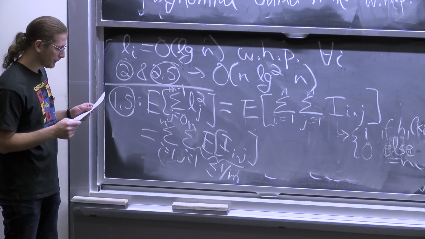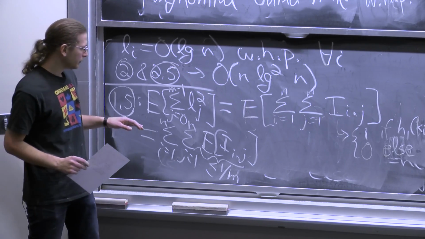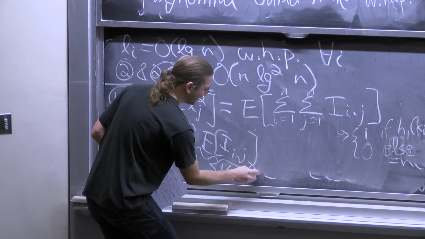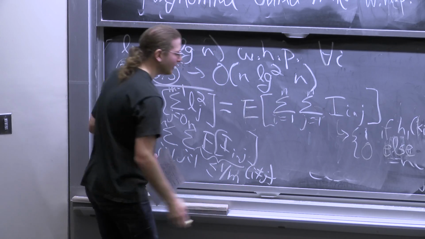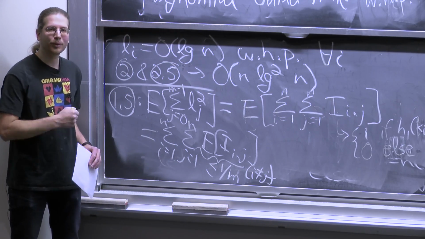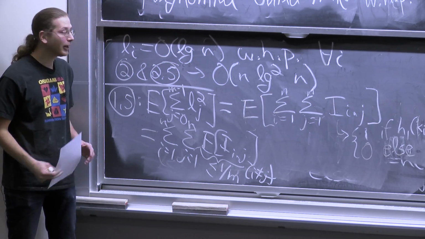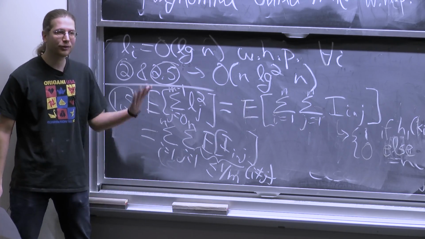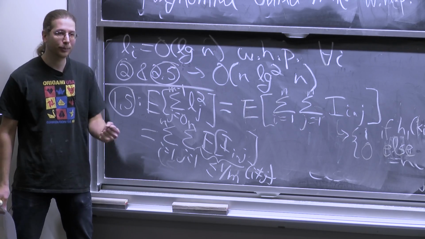So, when i does not equal j, it's a little bit annoying. I do have to separate out the i equals j terms from the i not equal to j terms. But it's basically the diagonal of this matrix. There's n things that will always collide with themselves.